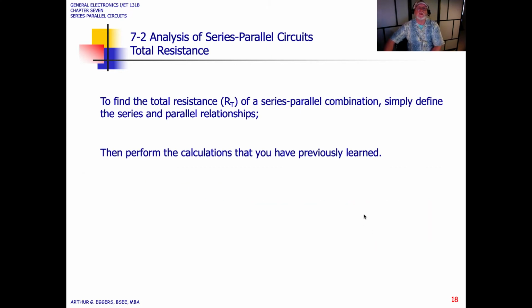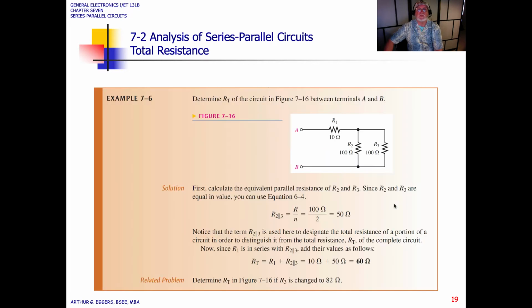Okay, so to find the total resistance, R sub T, in a series parallel combination, simplify, define the series and parallel relationships. Okay, so in this example, a fairly simple example, we've got 3 resistors.